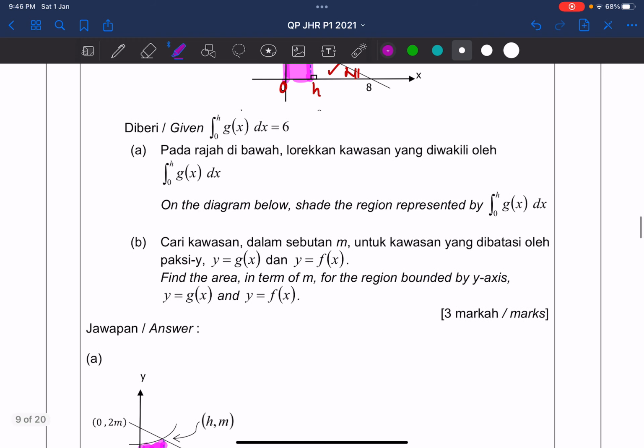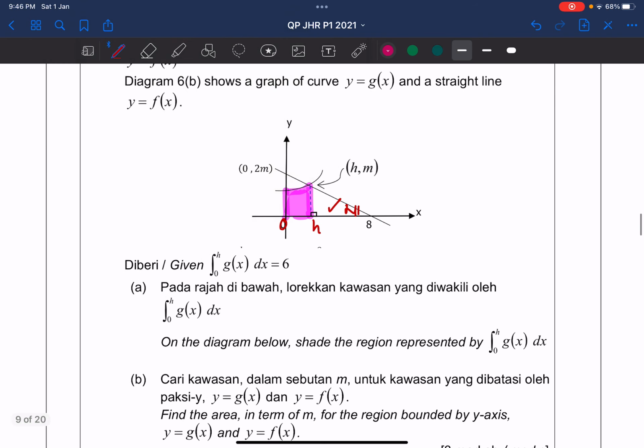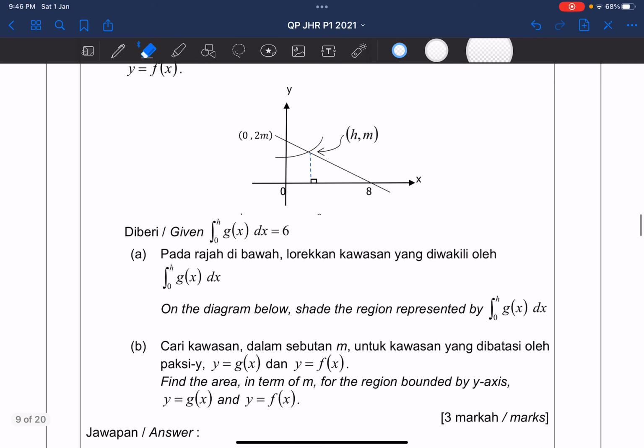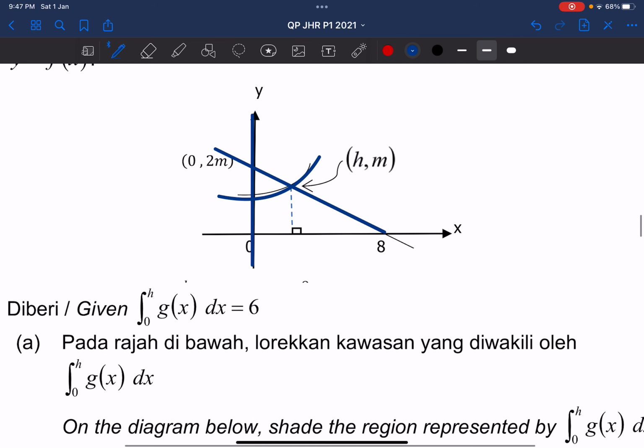So we need to find the area. Let me erase it out. So the y-axis will be here. This would be my y-axis. y equals f(x), and also y equals g(x), my curve. So the area will be here, this area.